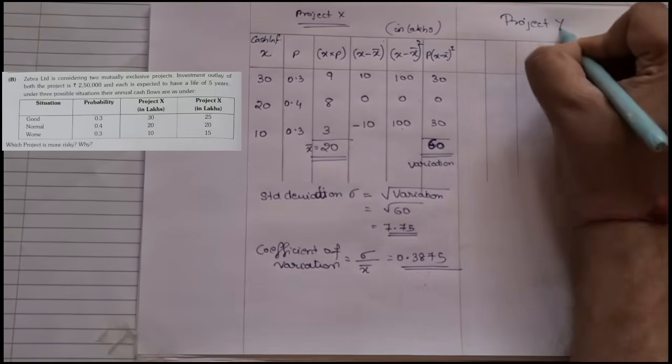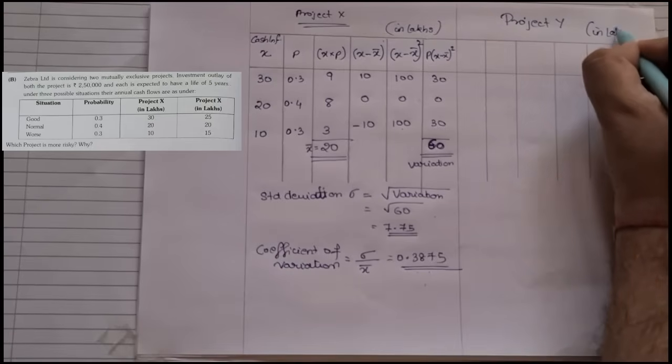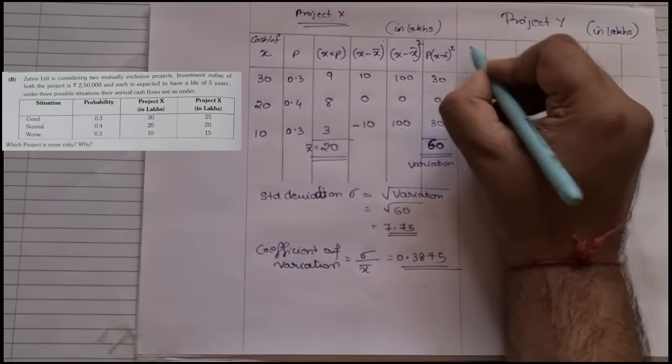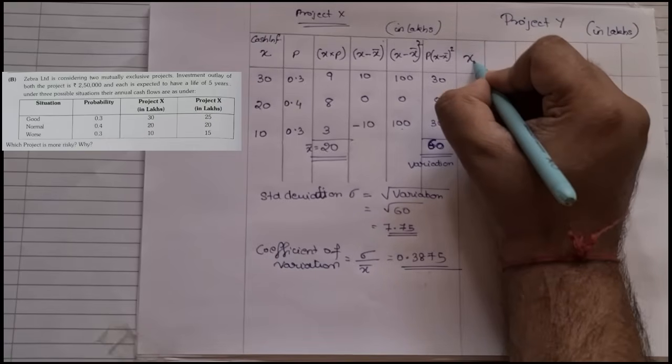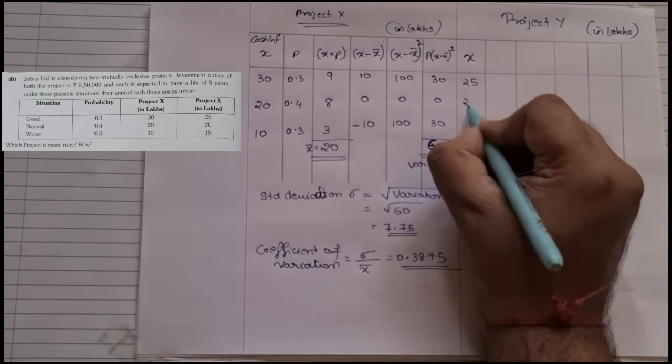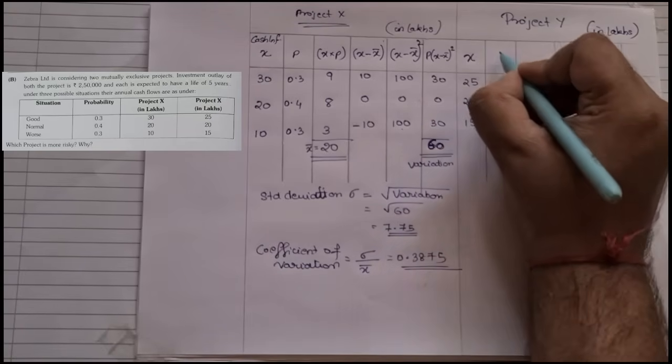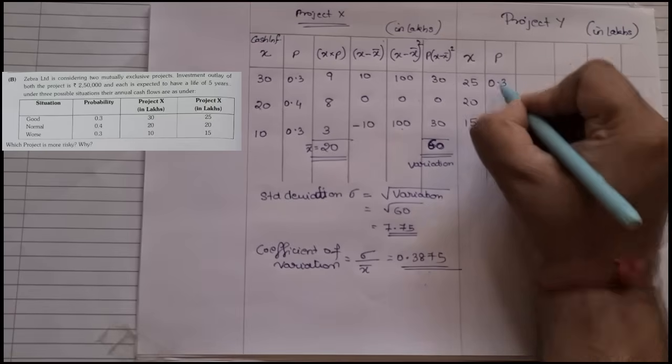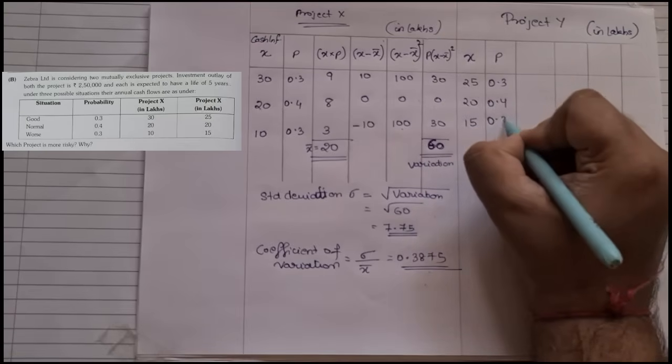So I'll write here project Y in lakhs. Again we have cash inflow. Now cash inflow is 25 lakhs, 20 lakhs and 15 lakhs. Probability is 0.3, 0.4 and 0.3.